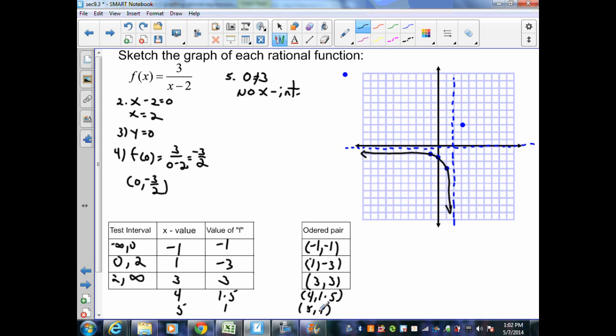And let's see if we need to choose any more after I plot those. 4, 1.5, and then 5, 1. And I think we can see that my function is going to decrease from my vertical asymptote of 2 to infinity.